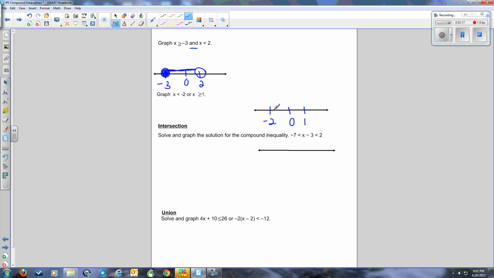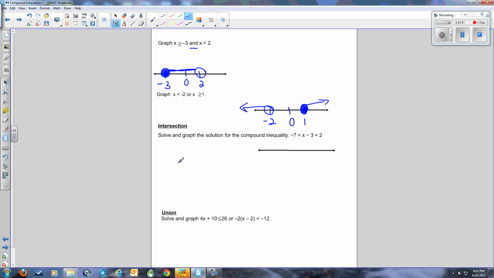So x is less than -2 would be represented by an open dot on the -2 with an arrow going to the left. X greater than or equal to 1 would consist of a closed dot on the 1 and an arrow going to the right. So this is what we call a union here. You notice there is no overlap at all.